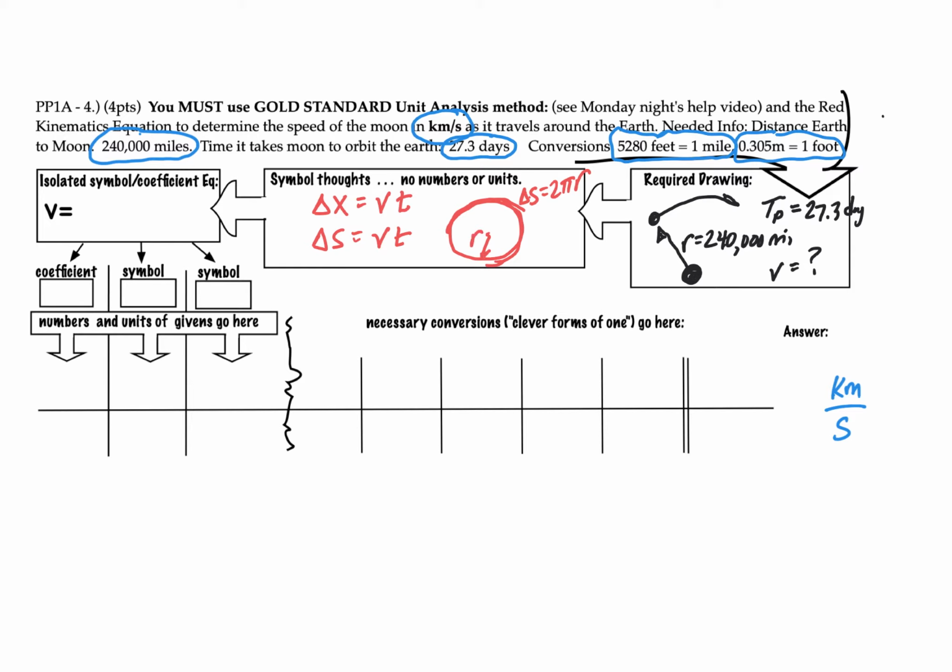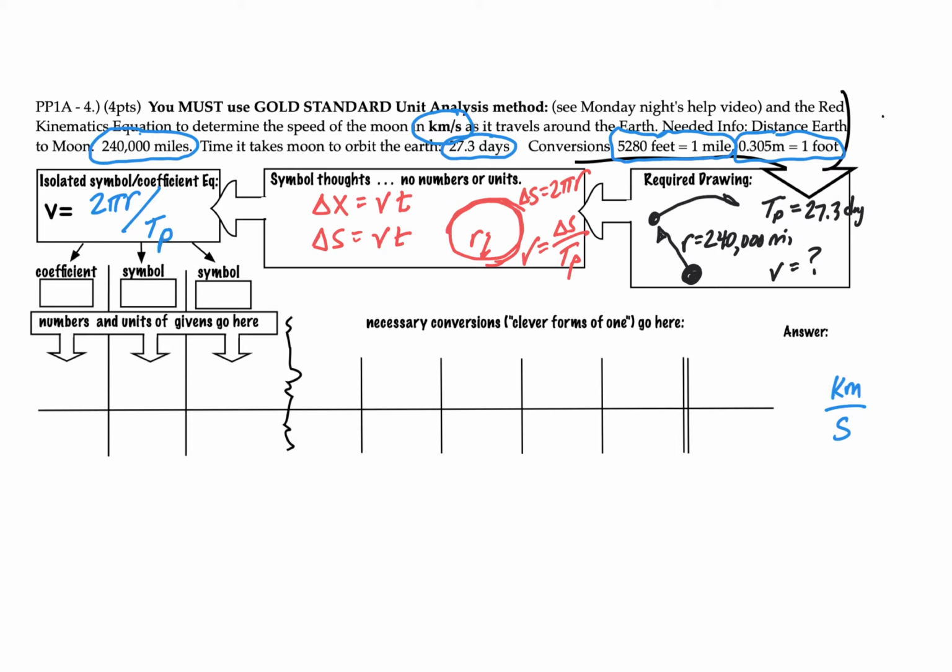So really, v is delta s over that period, over TP. So now I come over here, I have my equation. V is equal to delta s. Whoa. Okay, let's go ahead and make that the way it should be. Delta s is true, but I'm going to say 2 pi r, that is delta s, over TP, okay?